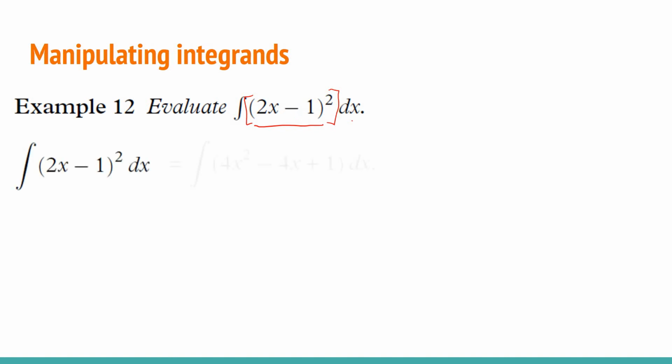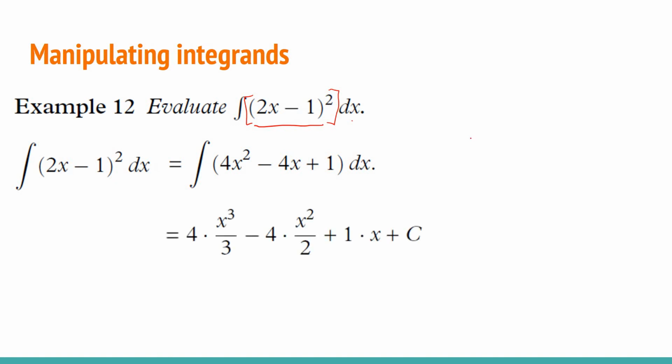Okay, so simplifying that, it will become the integral of the quantity 4x squared minus 4x plus 1 dx. So it becomes the integral of 4x squared dx minus the integral of 4x dx plus the integral of dx.